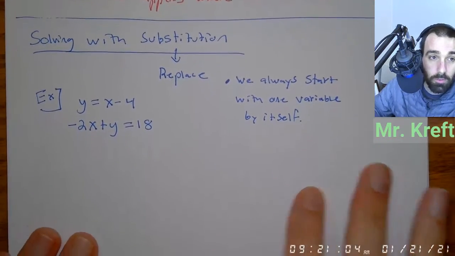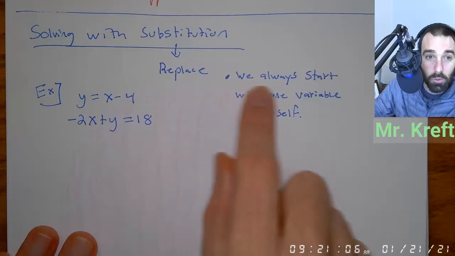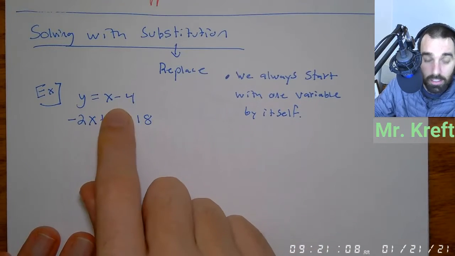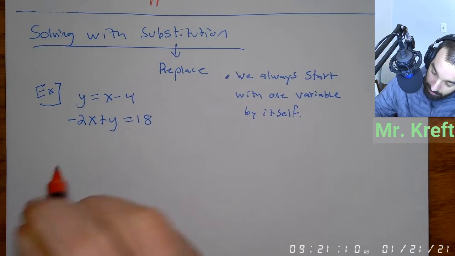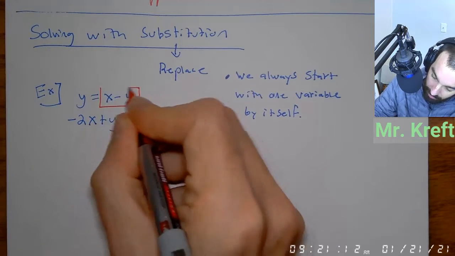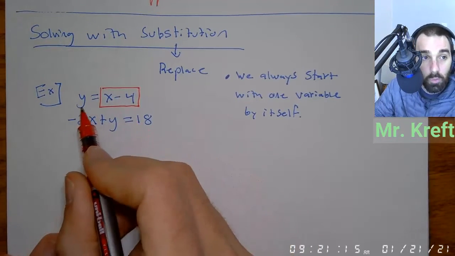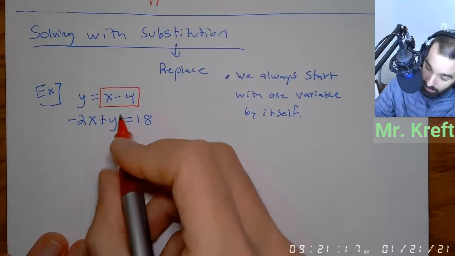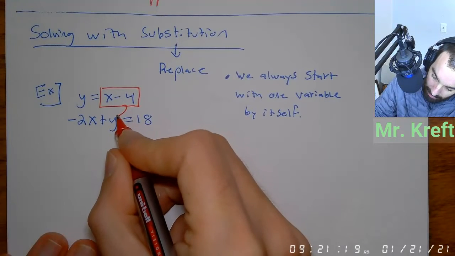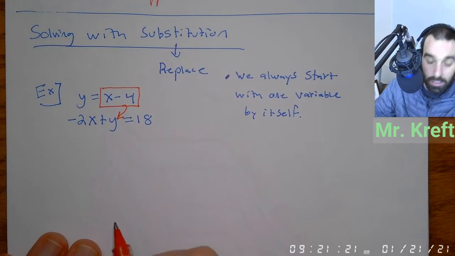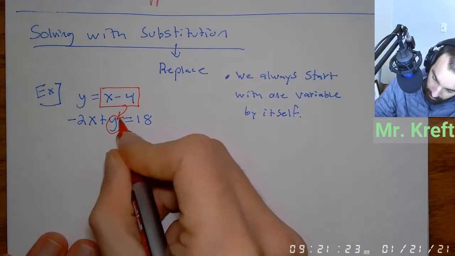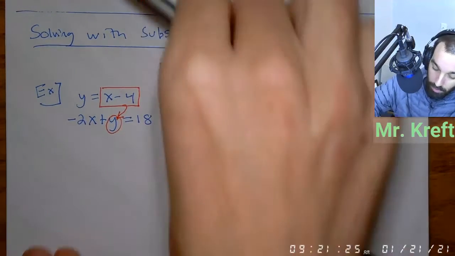Okay, so solving by substitution, we always start with one variable. So I have y equals this, and the y is already solved for. So if y equals x minus 4, then everywhere I see a y, I can replace it with x minus 4.